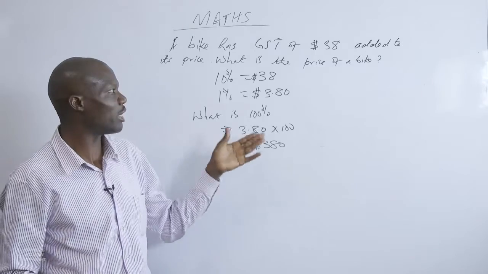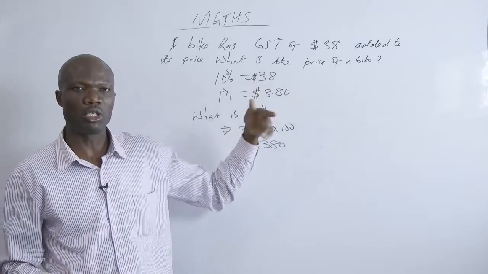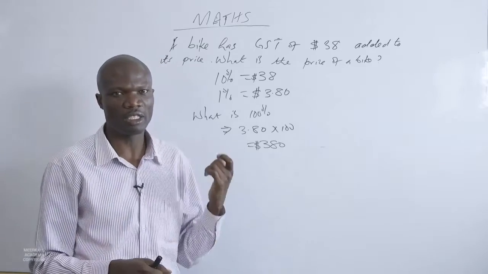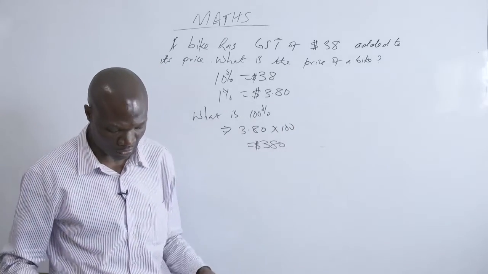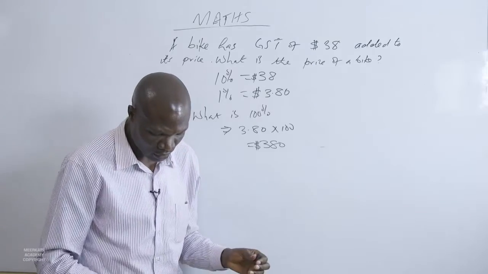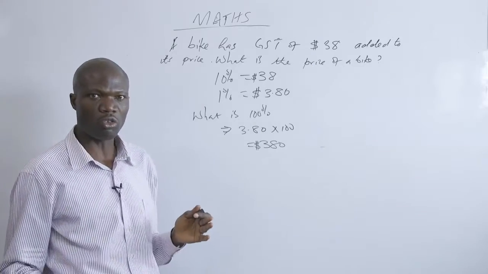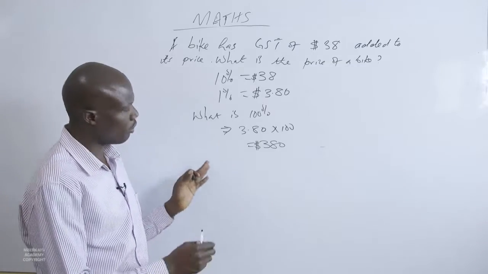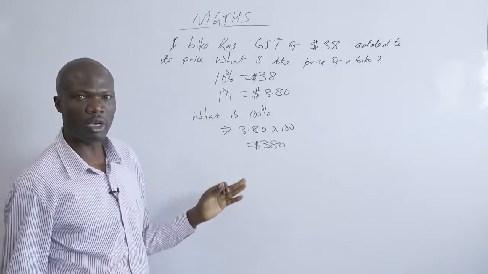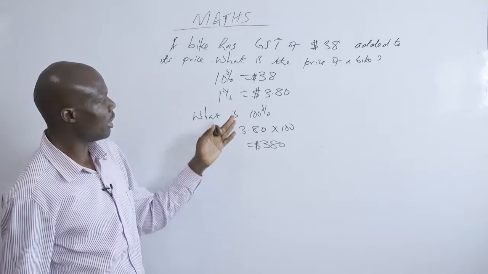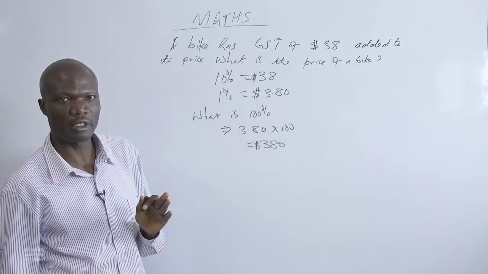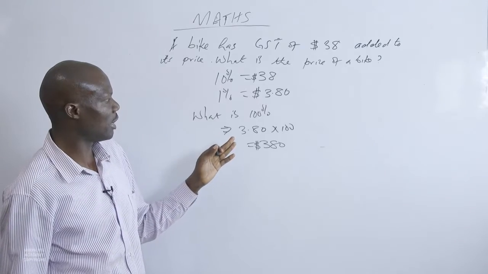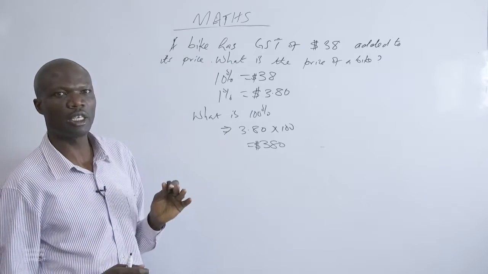But we want to find the price at which this bike will be sold, which means we shall take the cost and add the GST, which is that $38. For us to find the cost of this bike, this is 100%, and in it we've charged 10%.